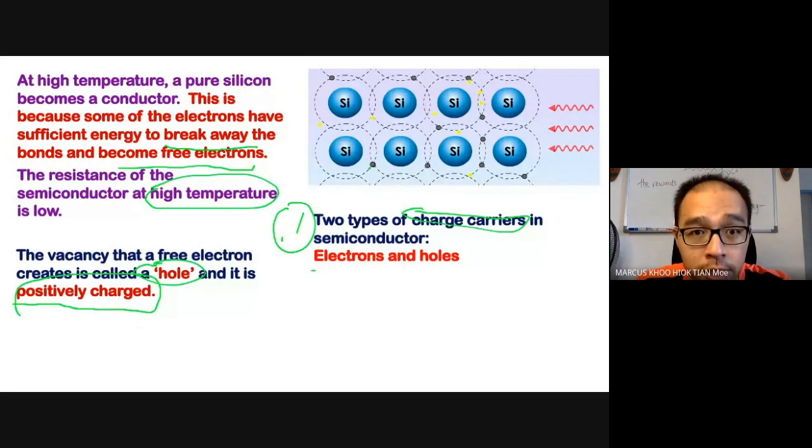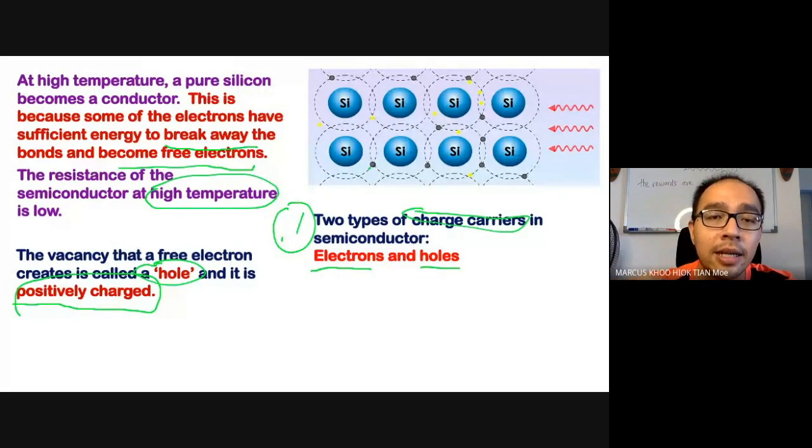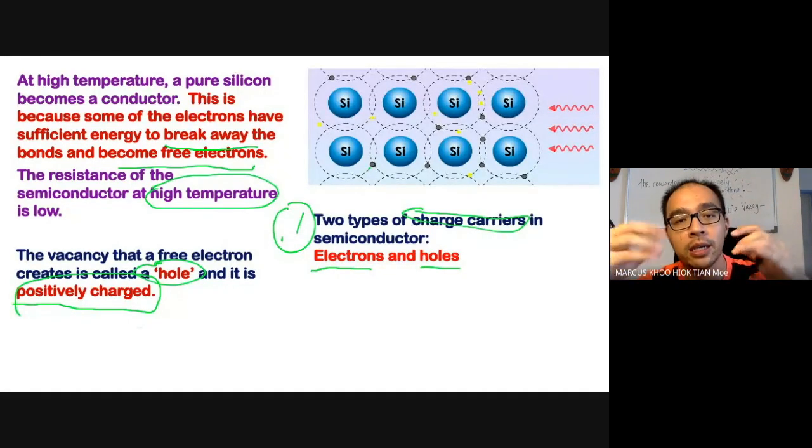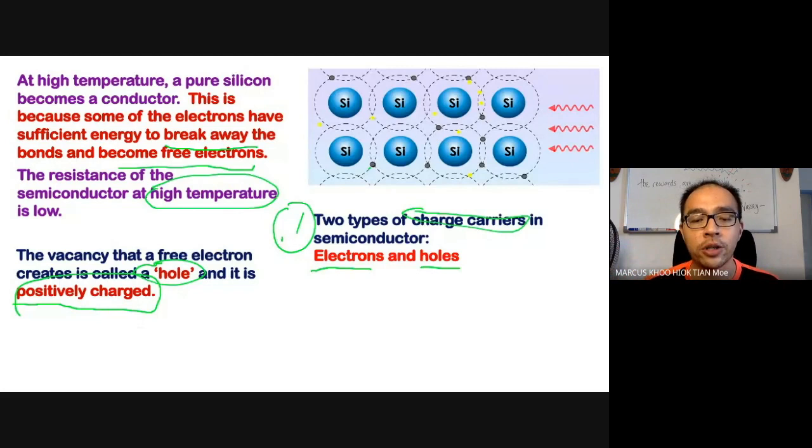There are electrons, and there are holes. Holes are places where the electrons have left empty, and the holes can be filled by other electrons. So let's say if I'm an electron at the place, then if I leave, another electron can come and fill in that hole, to neutralize the situation.